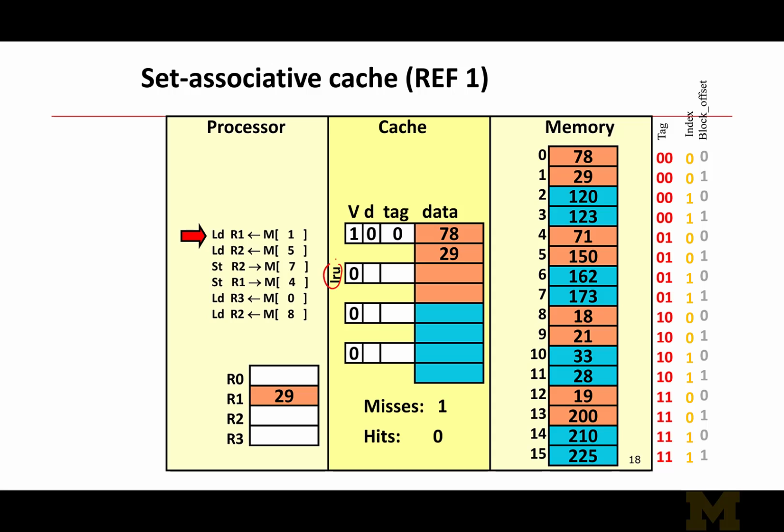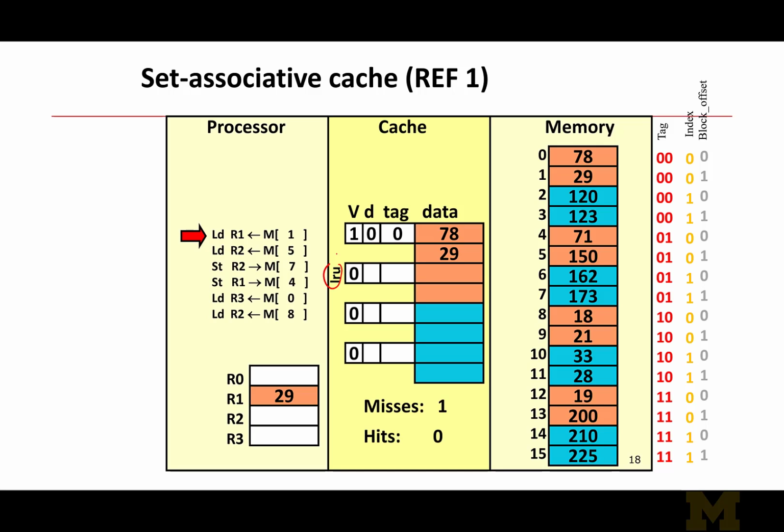And so we have to also keep track of the LRU now. So in the case of a direct mapped cache, we didn't have to bother with the LRU policy, because for every cache block there was exactly 1 cache line that could store it. So if it was a cache miss and we have to bring that cache block into the cache, then we have to evict whatever was there before.